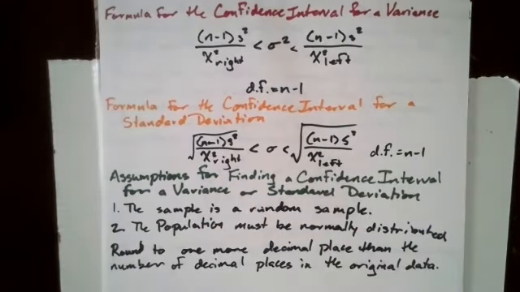The formula for the confidence interval for a standard deviation takes the square root of each term in the confidence interval for the variance. So this is the square root of (n-1) times s squared over chi-square right is less than sigma is less than the square root of (n-1) times s squared over chi-square left.